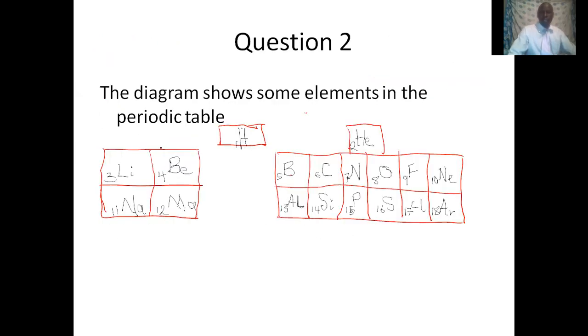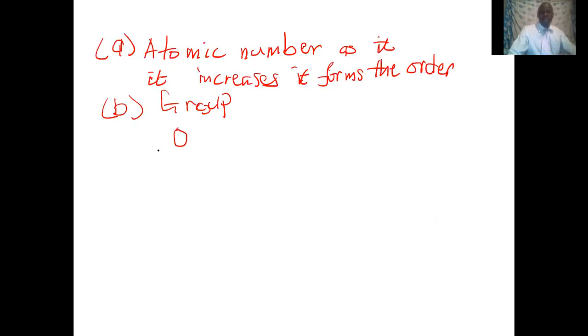If you can see, it has the atomic number 8. And if the atomic number is 8, it means that its electron configuration is 2, 6.